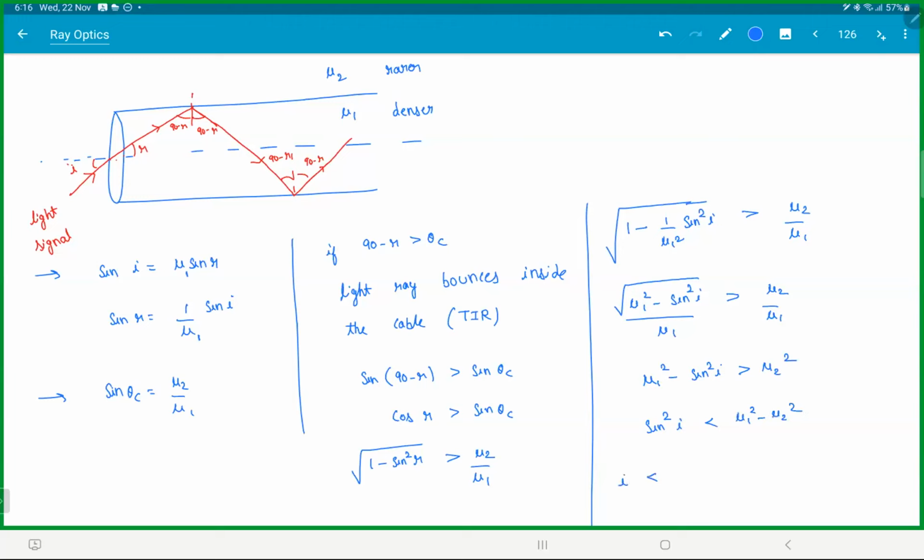So as long as this angle I is less than sin inverse root over mu1 square minus mu2 square, the light ray keeps bouncing inside. So this way you can send the signal to the end of the cable without any leakage.